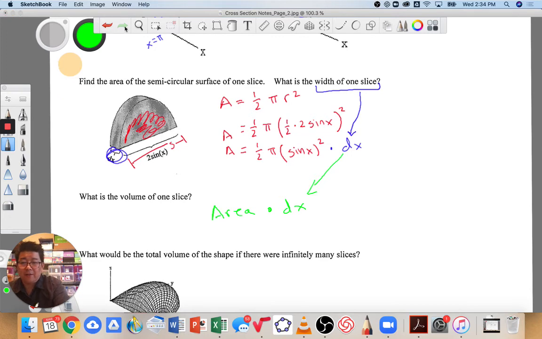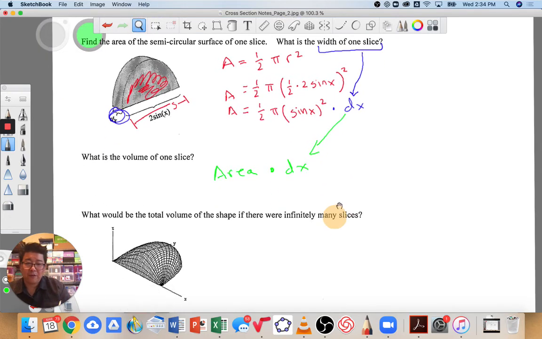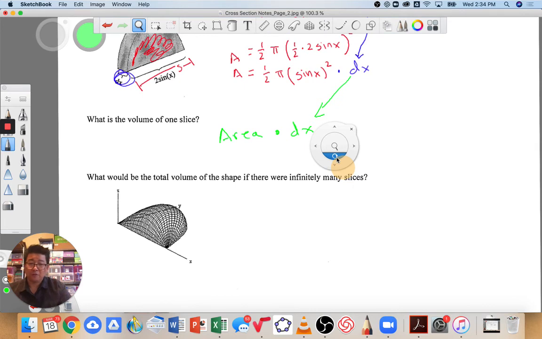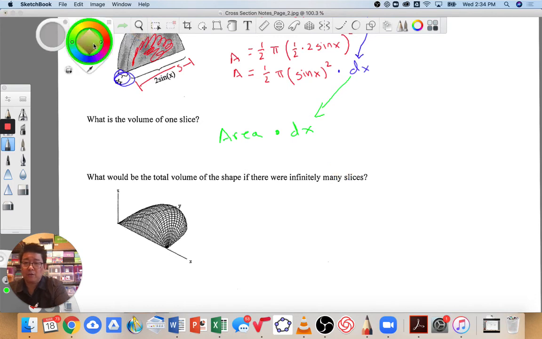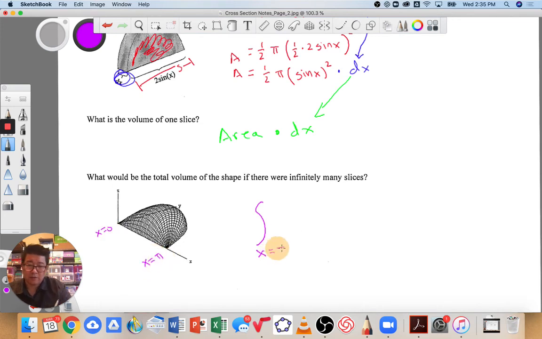And then after that, how do you add up all the slices together? Well, we use an integral. So the integral will be like this. Remember, it goes from x equals 0 to x equals pi.